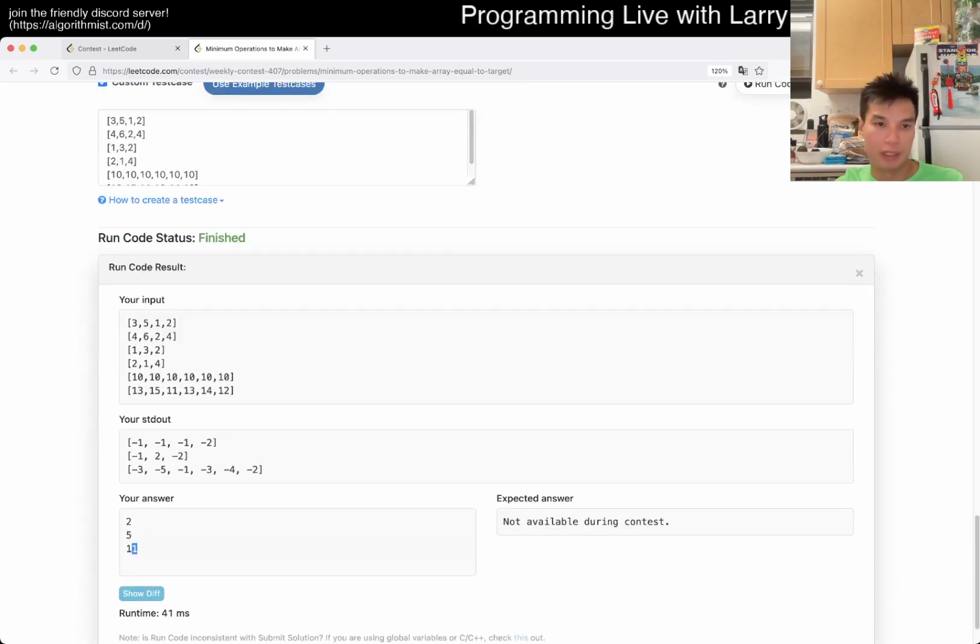And this should be like 9 or something. So in this case it'll be -3. The sum of this, that's the number of operations we have to do if we do this, right?